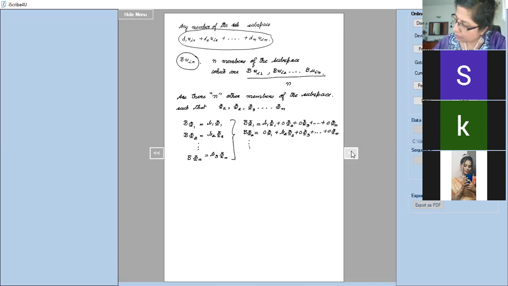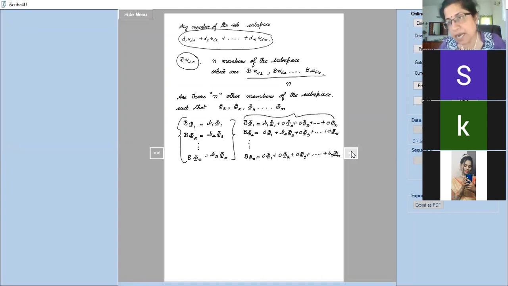I can continue and write B phi n is equal to 0 into phi 1 plus 0 into phi 2 plus 0 into phi 3 plus Bn into phi n. Has everybody understood this? I have written these equations only, in an expanded form here. Has everybody understood this?